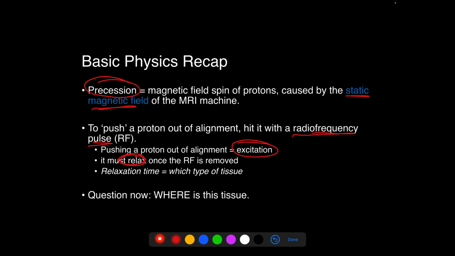So that's called relaxation. As it relaxes, it gives off a signal. The way that it relaxes depends on the type of tissue that it's going through, and that is what gives us the contrast in MRI, which is how we see different tissues.